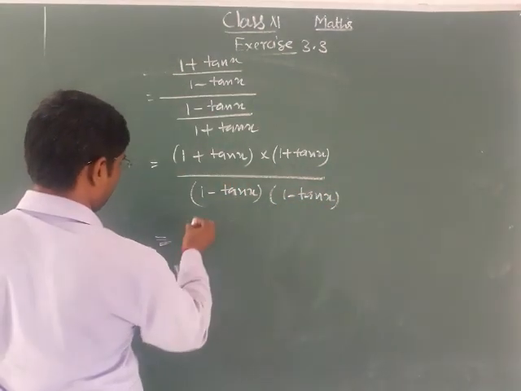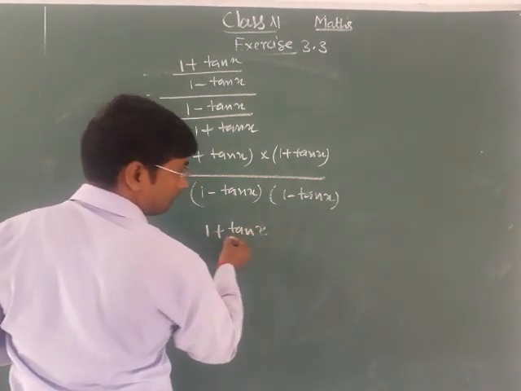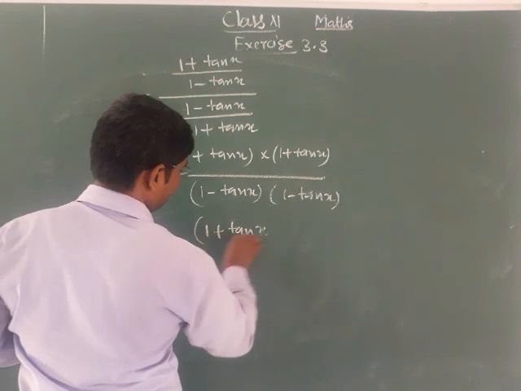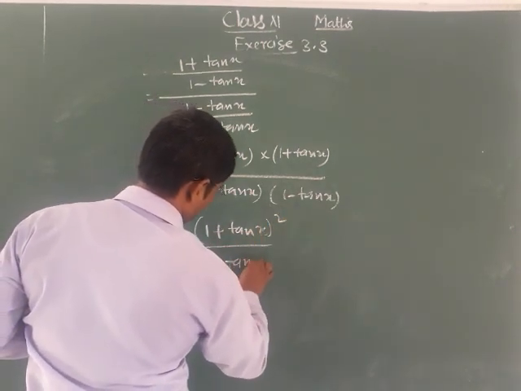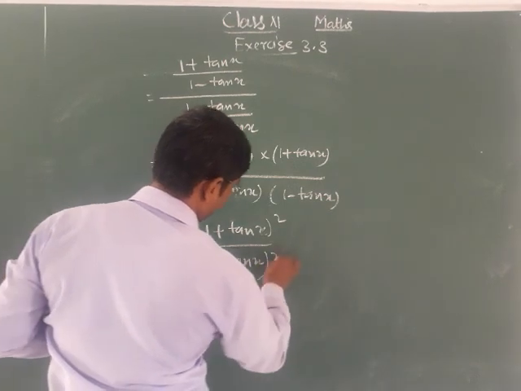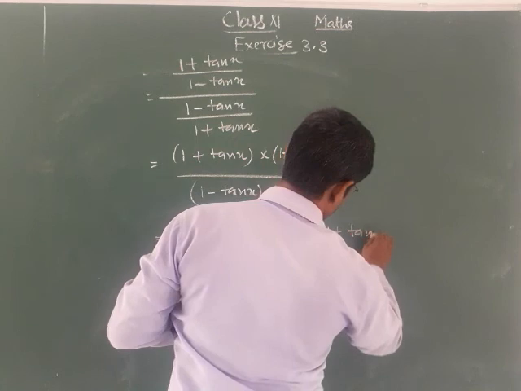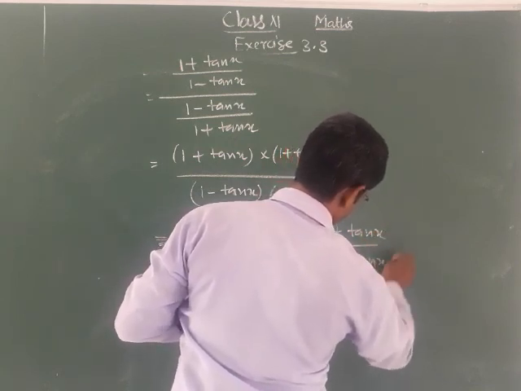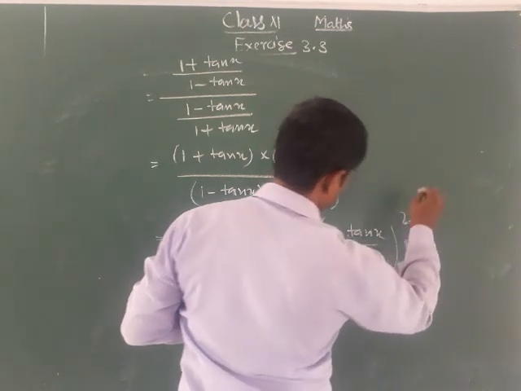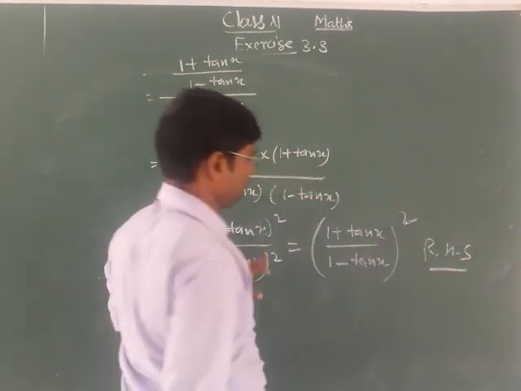So you can write (1 + tan x) whole square upon (1 − tan x) whole square, which is equal to ((1 + tan x)/(1 − tan x)) whole square. So this is RHS. Proved.